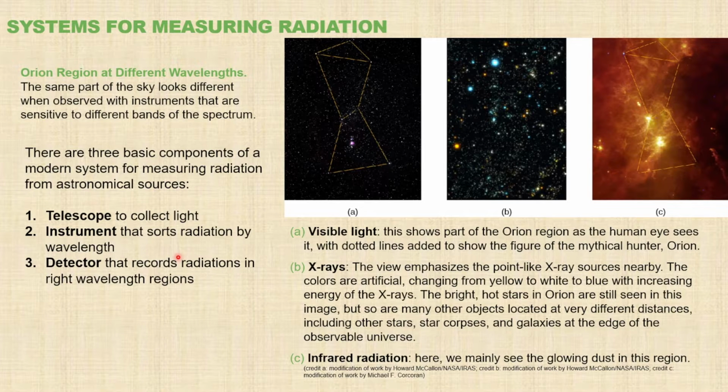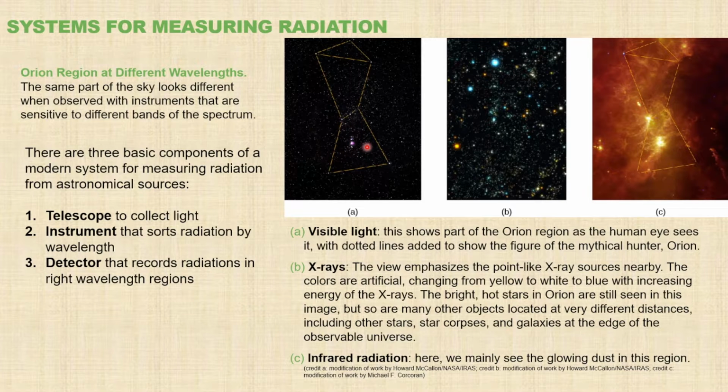And again, the basic components are telescopes. They collect light. Simply, it's like a bucket gathering water. They collect light, they collect photons, and those photons are directed now into instruments, where those instruments can show different wavelengths of those photons collected, and now those photons are directed into certain parts of the detector within the telescope or away from the telescope, and those detectors detect that radiation at different wavelengths.